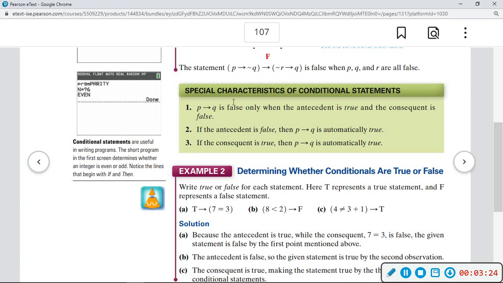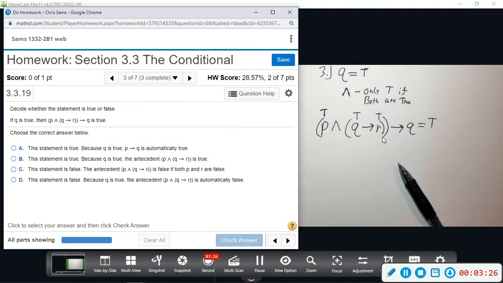Sorry, I was looking at this. This statement is true because Q is true. P implies Q is automatically true. The statement is true because Q is true.